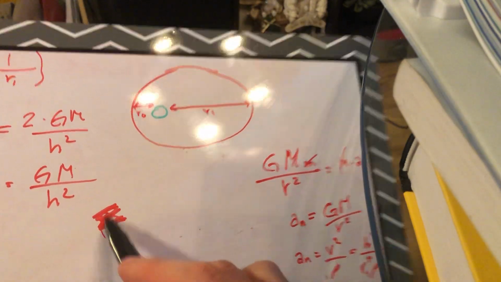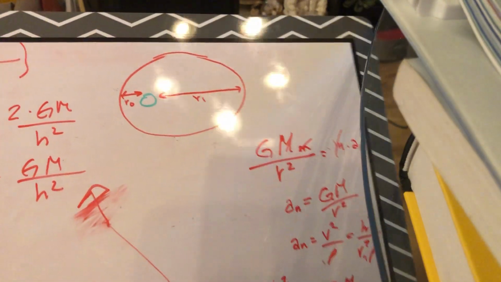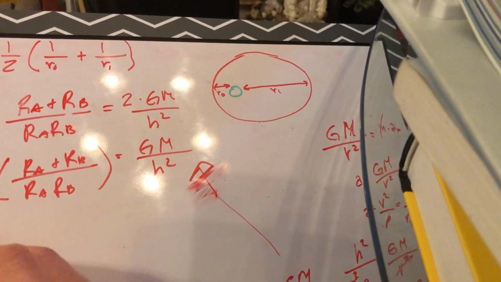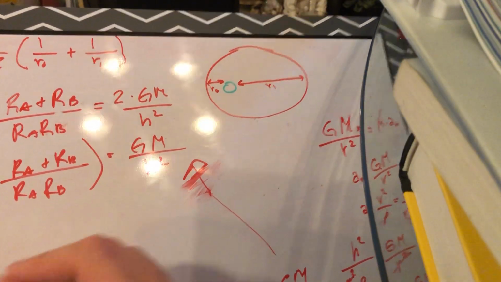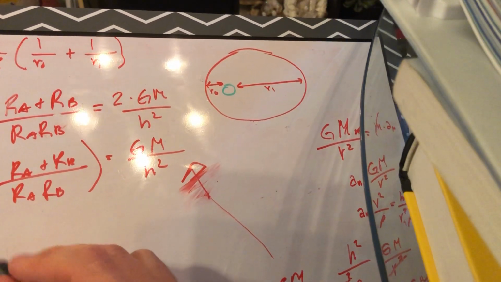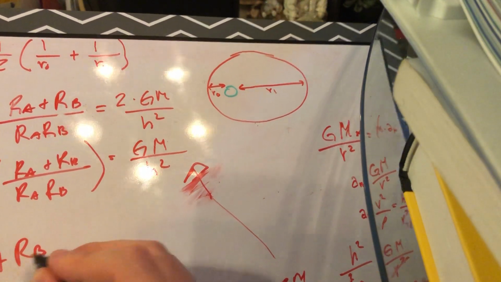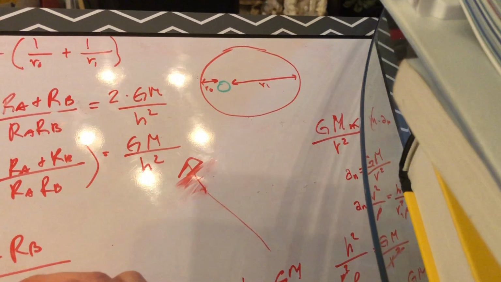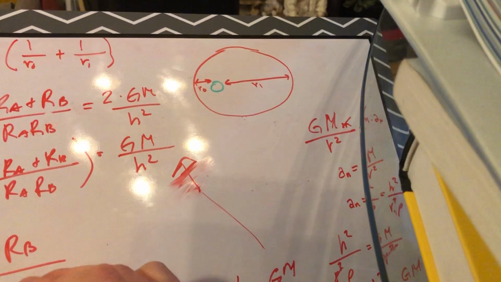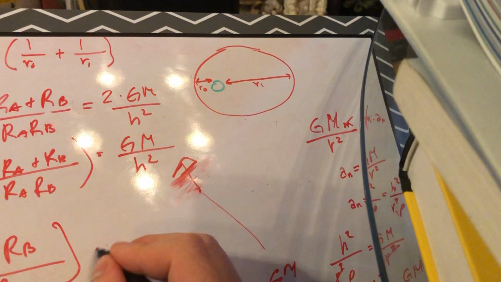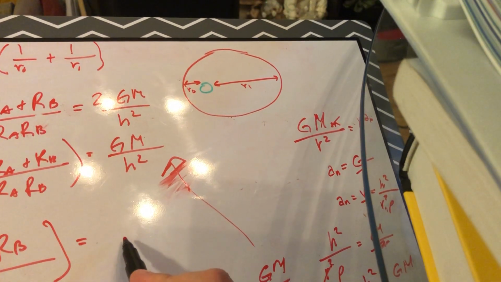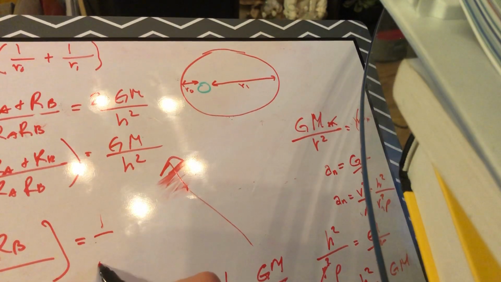That's that guy. All right, so we can sub in, and we're going to go 1 over 2, one half, RA plus RB over RA RB is equal to 1 over rho.